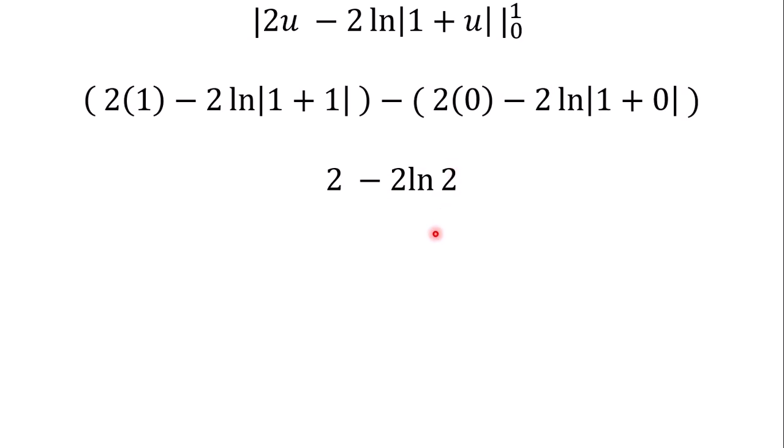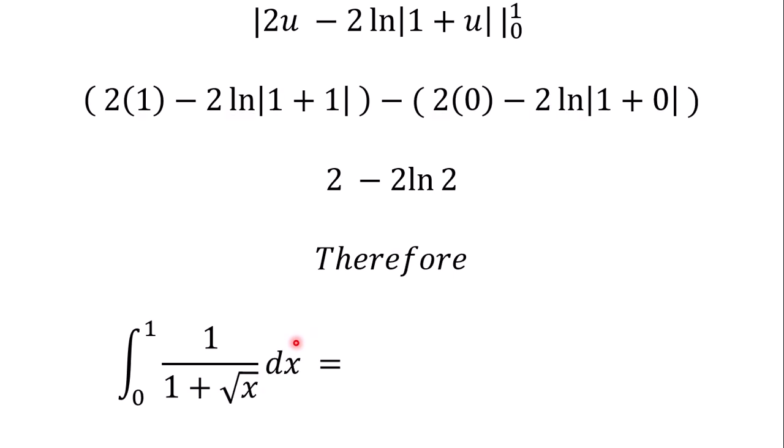Okay, so therefore the integral from 0 to 1 of 1 over 1 plus square root of x dx is equal to 2 minus 2 times natural log of 2, or 2 minus natural log of 4.